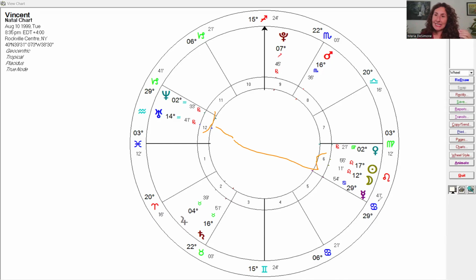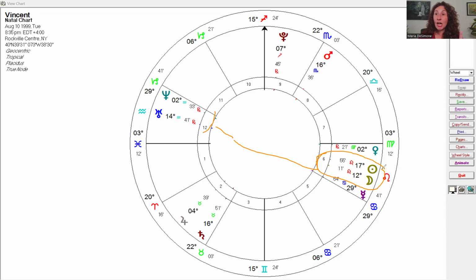When you have planets that are intercepted, they struggle. They are really on the struggle bus because they don't have an easy direct outlet and path, and they overcompensate. They have to overcompensate in order to be seen, heard, felt, expressed.